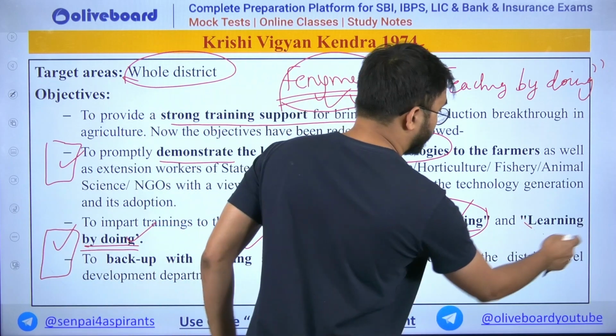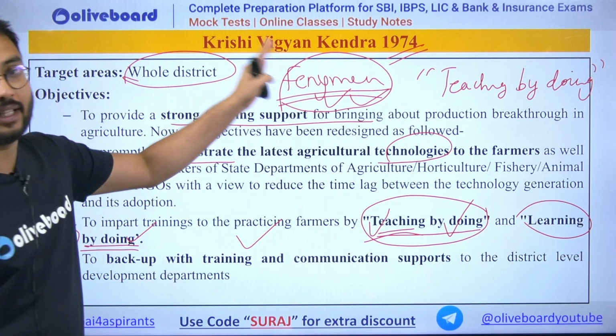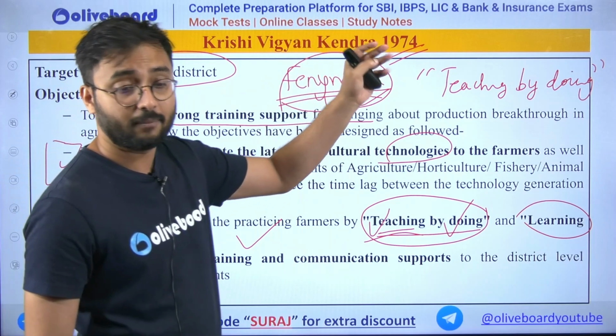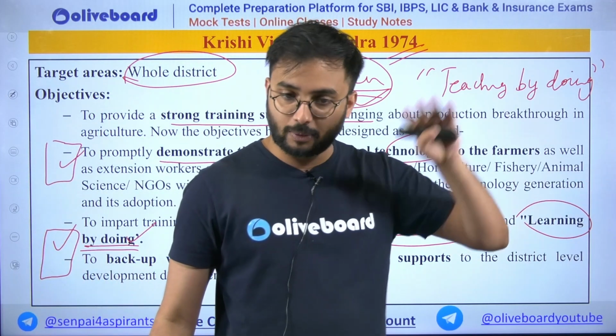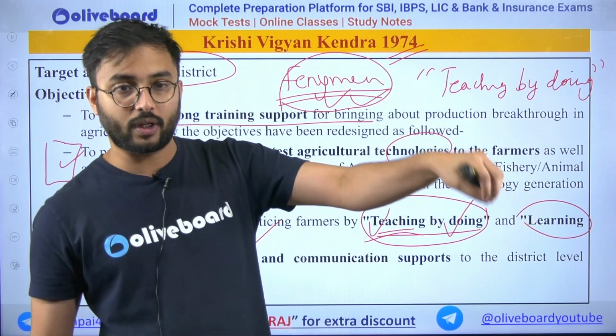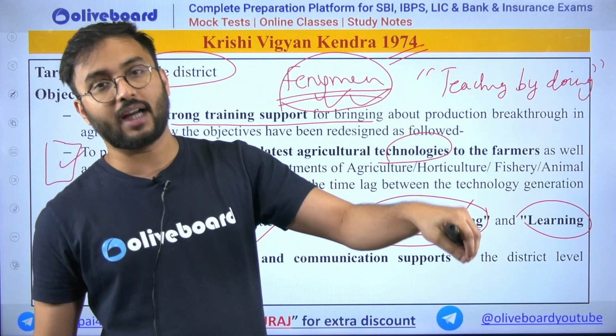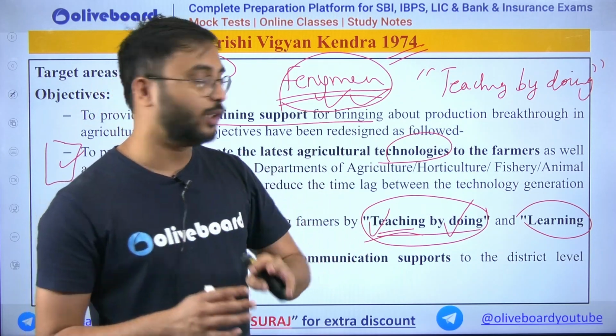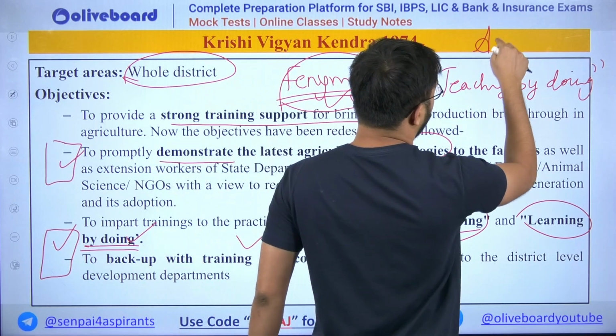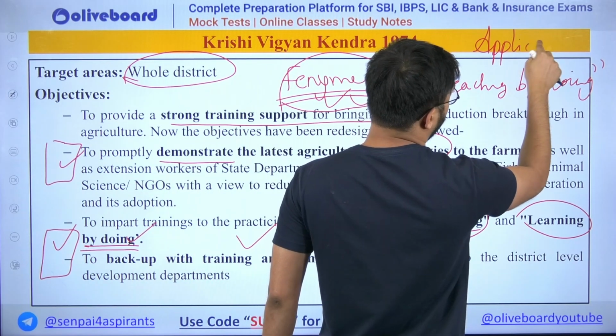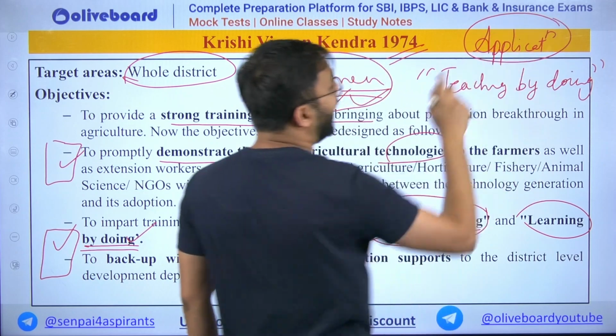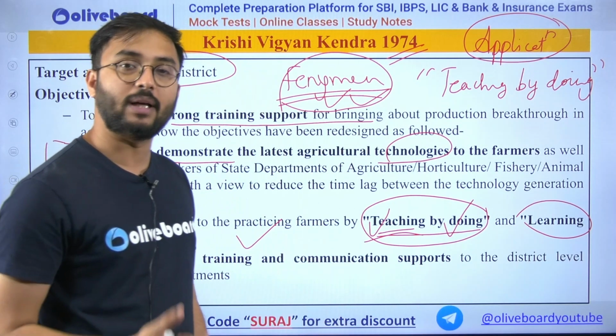So in this way Krishi Vigyan Kendra brings, at the grassroots level, at the agricultural field, application based knowledge, and that application based knowledge is through demonstration.